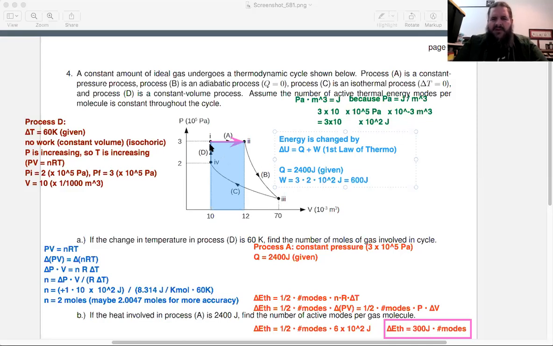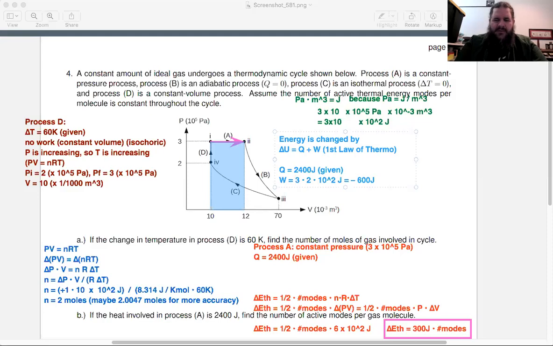And during this process, as the gas is expanding, would you say work is entering or leaving? Yeah, work is leaving, so we're going to treat that as what kind of number? Negative. Yeah, negative. So this is negative 600 joules of work.